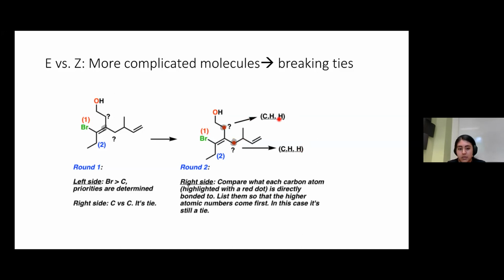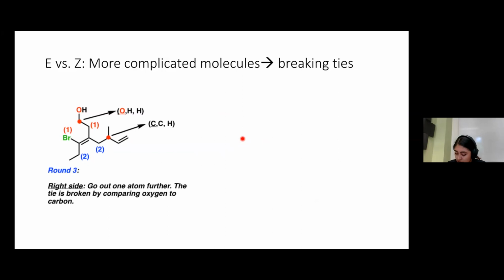So we would have to keep on going. We looked at these 2; next would be looking at this one and this carbon right here and what those are attached to. So let's do that. This carbon right here is attached to an oxygen and then 2 implied hydrogens, so we write O, H, H. Notice how we usually write the higher priority atoms first: C first and H H, O first and H H. That usually helps when you start comparing them.